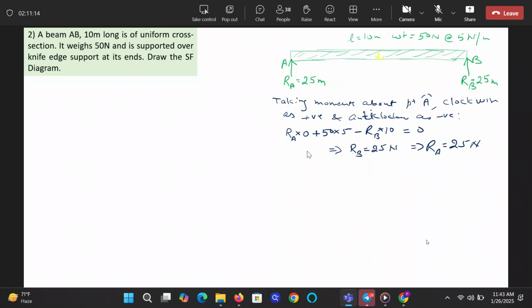Some say three, some say two. For the table, end points, and just before and after the end points.